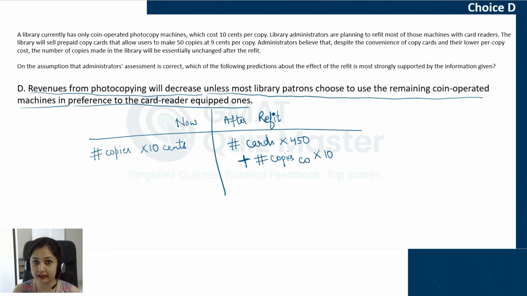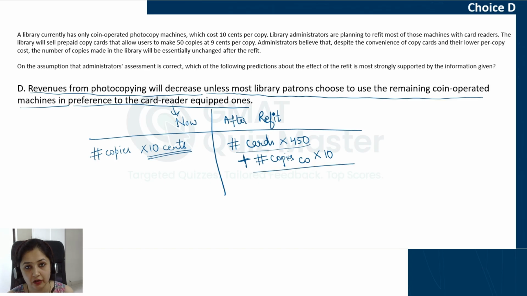So we are comparing the revenue now, which is just from coin operated machines, that is 10 cents per copy, and later, after this refit has been done, in which case the revenue will be number of cards into 450 plus number of copies made using coin operated machines into 10. So this choice is saying that this revenue will reduce. From year to year, it will reduce unless most library patrons choose to use the remaining coin operated machines in preference to card reader equipped ones.